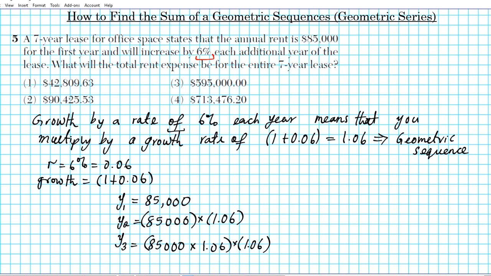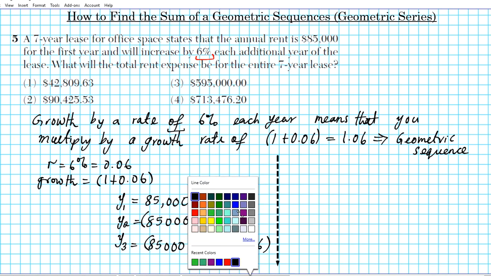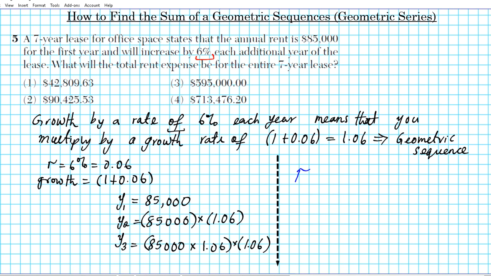So we're going to be adding terms of a geometric sequence. When you're adding terms of a geometric sequence, the formula that you're going to use is the formula for the sum of a finite geometric series. Let's write down the formula.